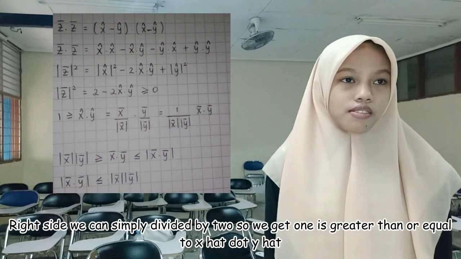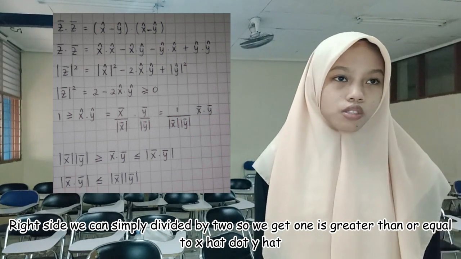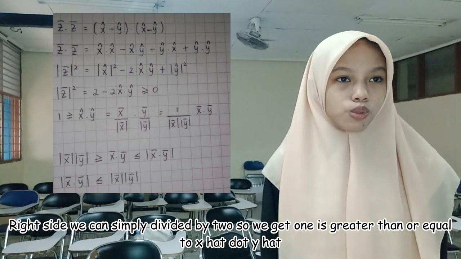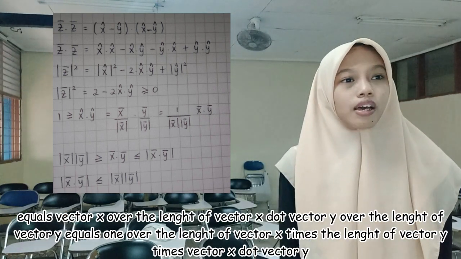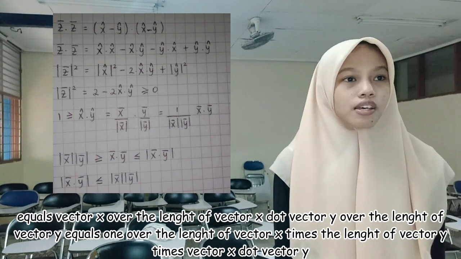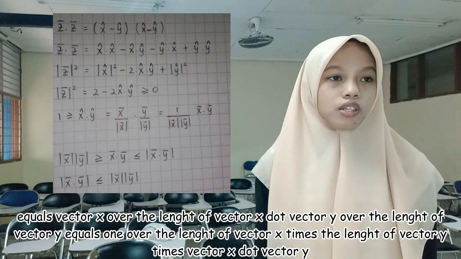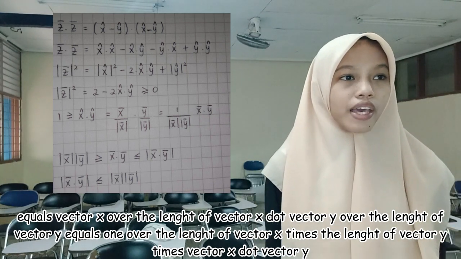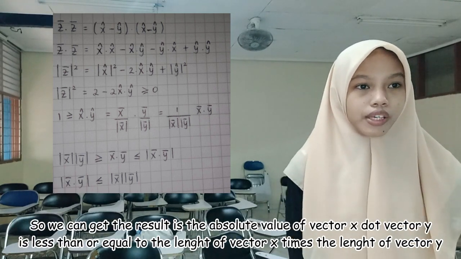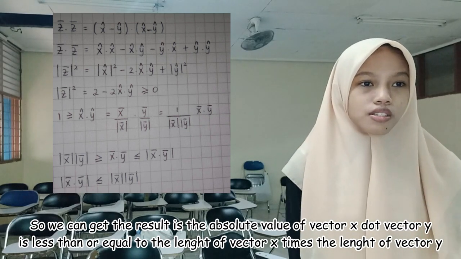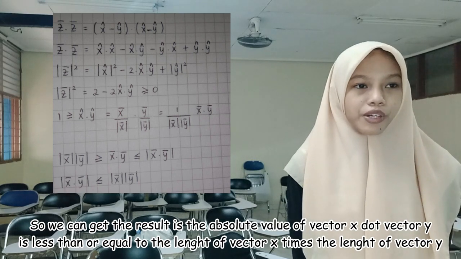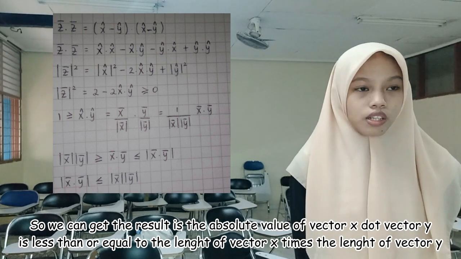The right side we can simplify by dividing by 2, so we get 1 greater than or equal to x hat dot y hat, which equals x over the length of x dot y over the length of y, equals 1 over the length of x times the length of y times x dot y. So we get the result: the absolute value of x dot y is less than or equal to the length of x times the length of y.